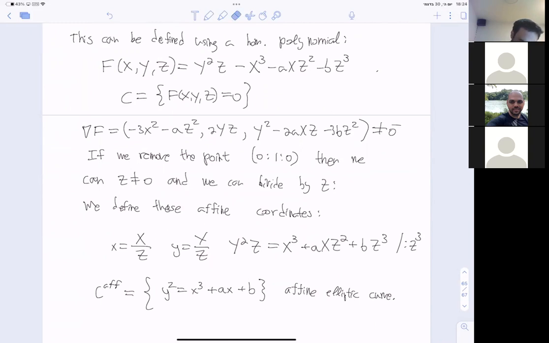Because capital Y squared, yes, so it's y squared divided by z squared. Okay, I think it works. Okay, I'll think about it some more.